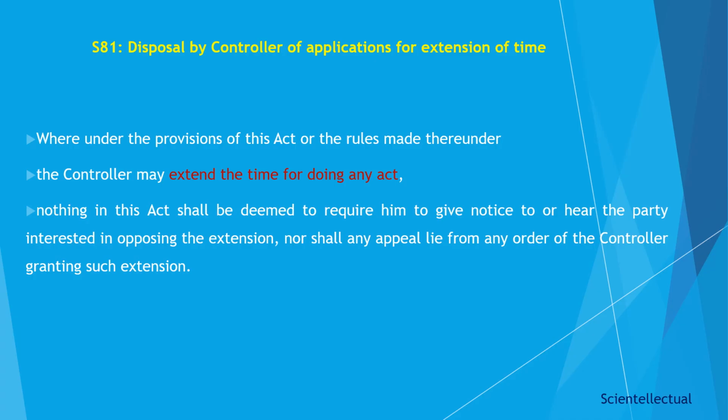Let's discuss Section 81, Disposal by Controller of Applications for Extension of Time. The controller may extend the time for doing any act, but nothing in this Act shall be deemed to require him to give notice to or hear the party interested in opposing the extension, nor shall any appeal lie from any order of the controller granting such extension.